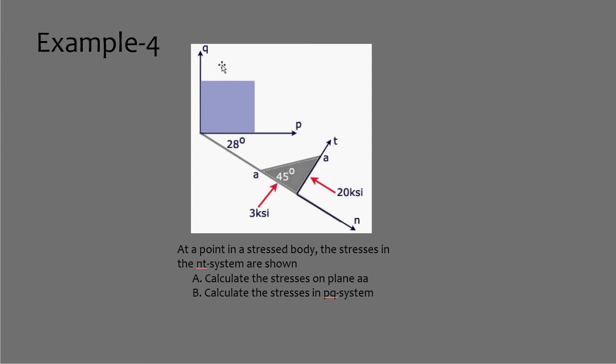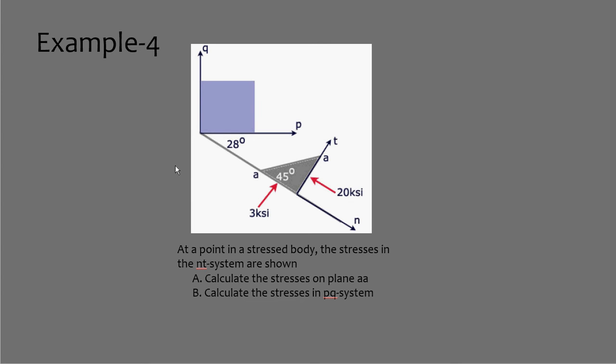You can see here we have an original plane stress element with axes P and Q, and 28 degrees down from the P axis, we have an N and T system. And it is the N and T system that we have values for normal stress.